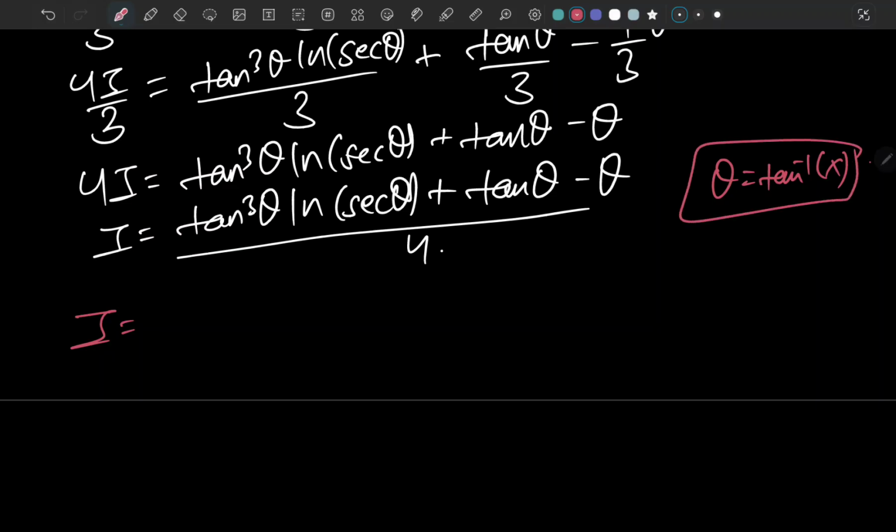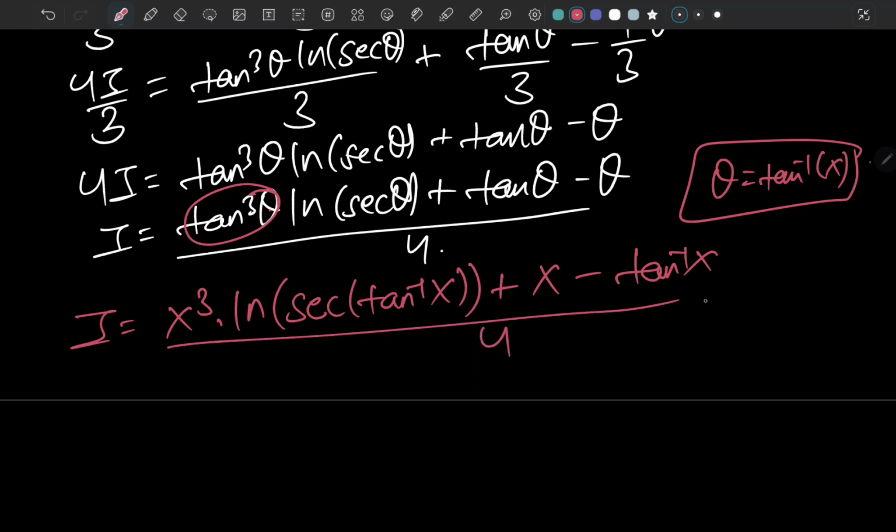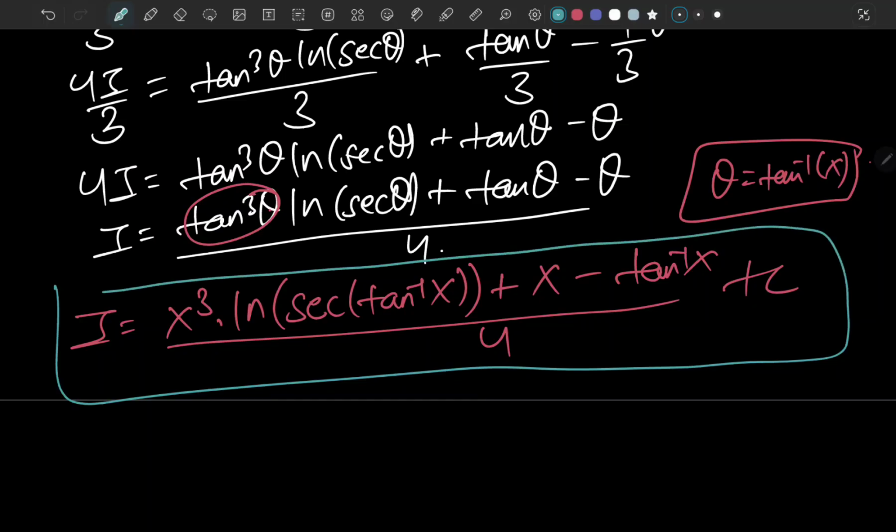After putting theta equals arc tangent of x, you're going to have x cubed times ln of secant of arc tangent of x, plus x, and minus arc tangent of x, all over 4, plus c. Okay, so this is the value of this integral.